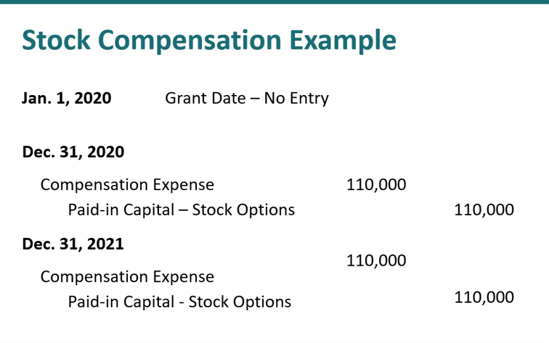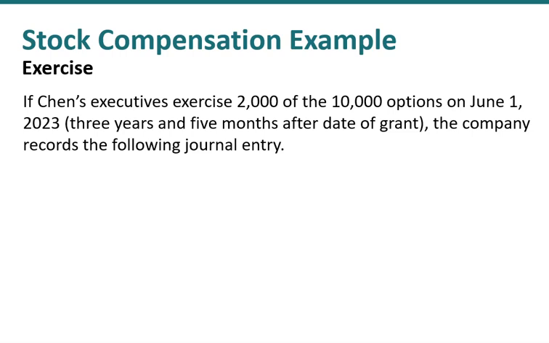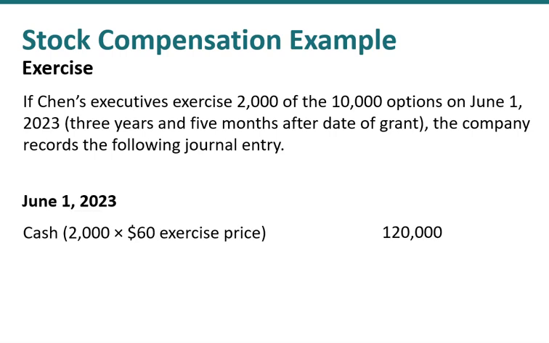Now let's look and see what happens if employees exercise some of these options. We're going to assume that sometime in 2023, the executives exercise 2,000 of the 10,000 options, so they're exercising 20% of the options. Chin is going to make the following journal entry. They will debit cash for $120,000.